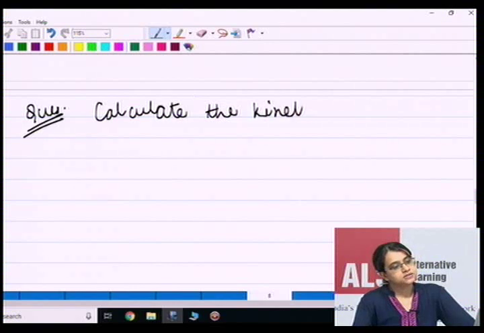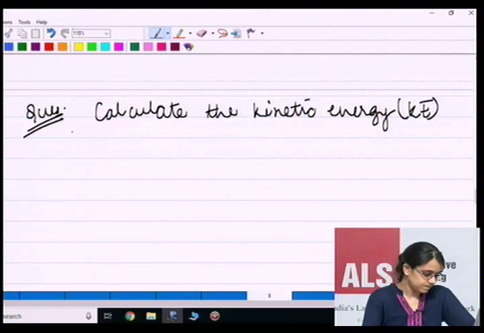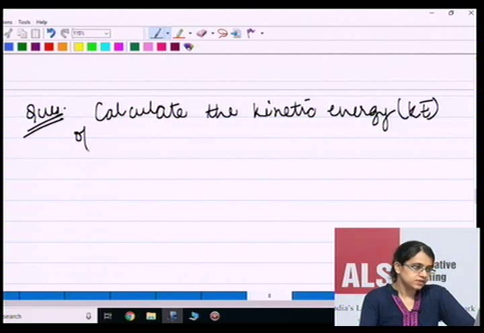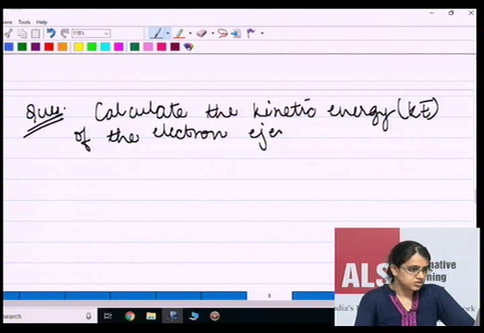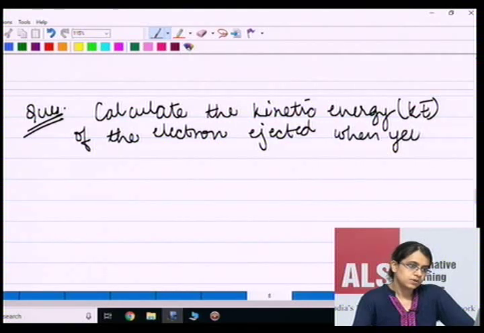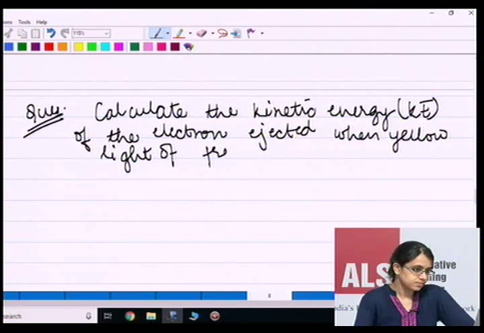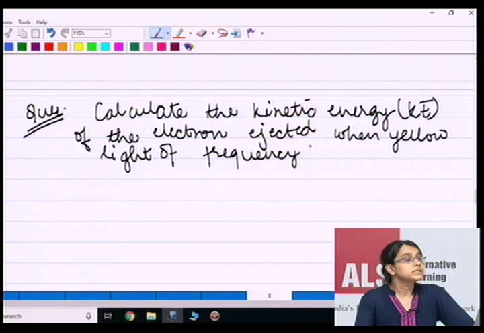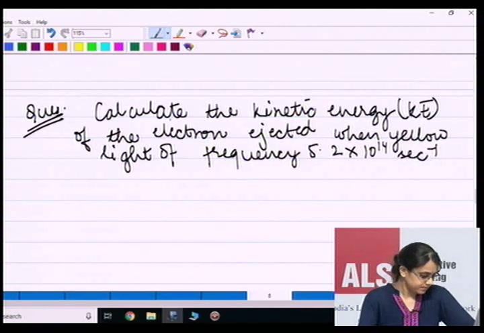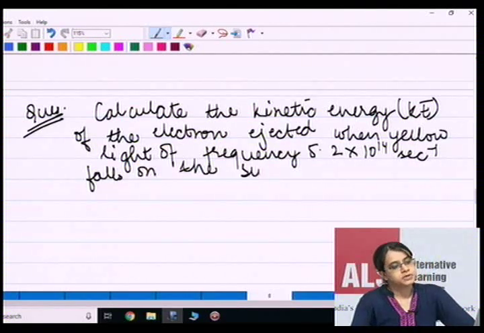Calculate the kinetic energy of the electron ejected when a yellow light of frequency 5.2 into 10 to the power 14 per second falls on the surface of potassium metal.